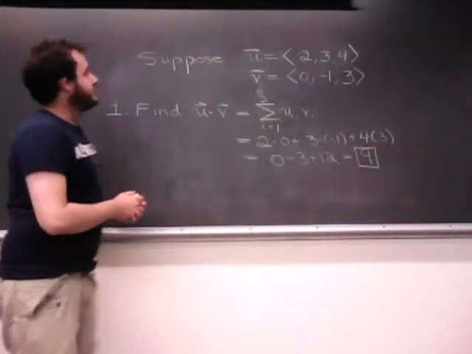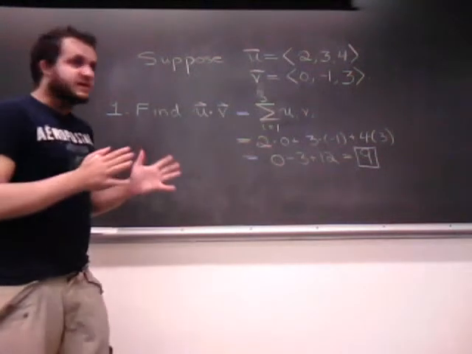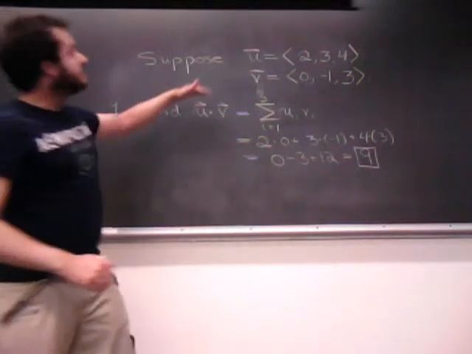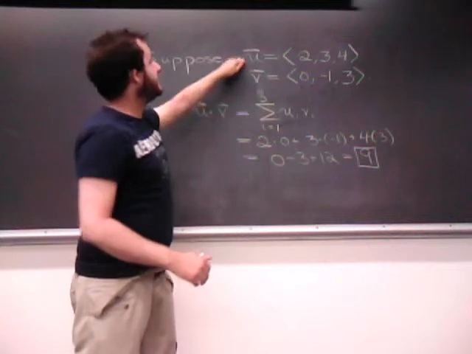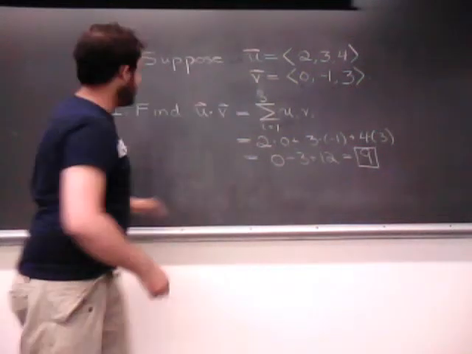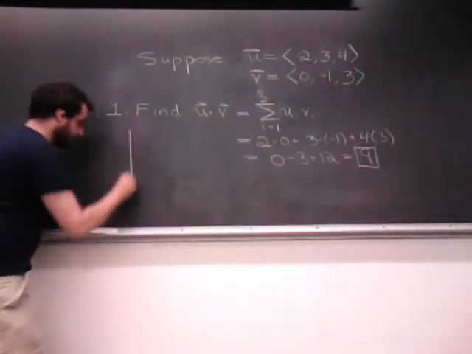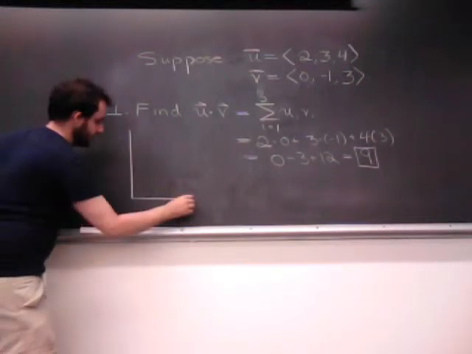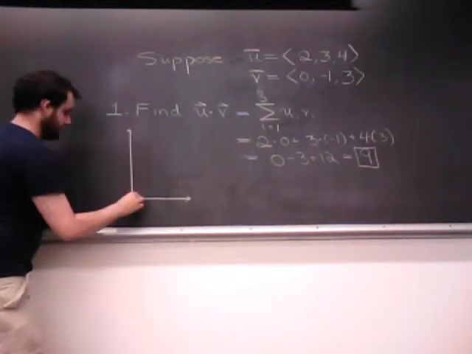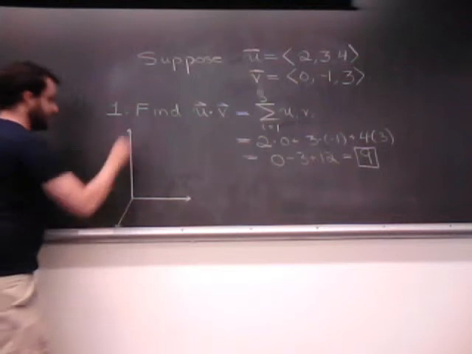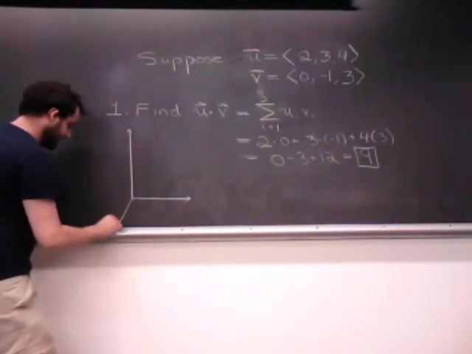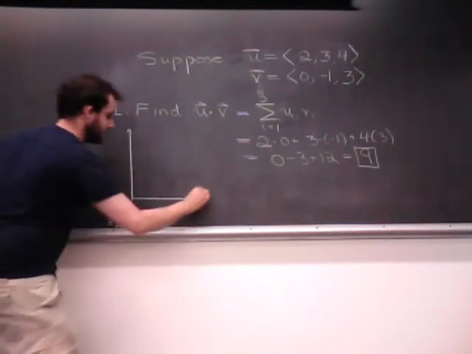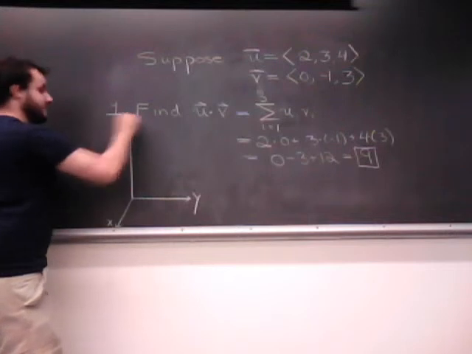And so what could this mean physically? Well, if we had a force in the direction 2, 3, 4 from the origin, let's draw it. So this is the x-axis, y-axis, z-axis.